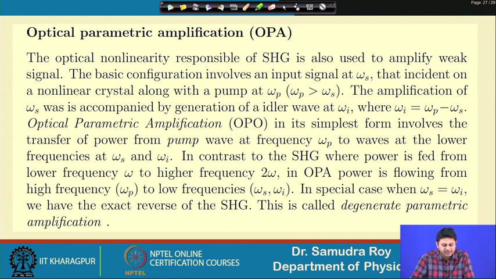The optical nonlinearity responsible for second harmonic generation is also used to amplify weak signals. So, this optical nonlinearity not only generates second harmonic, it also leads to some kind of amplification of a weak signal.